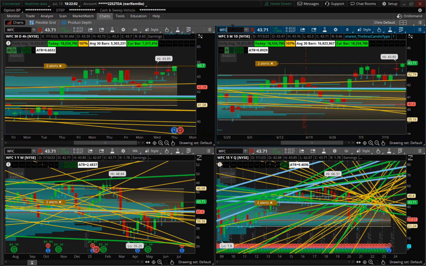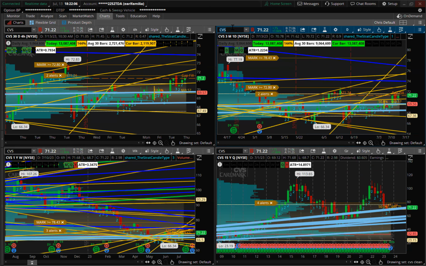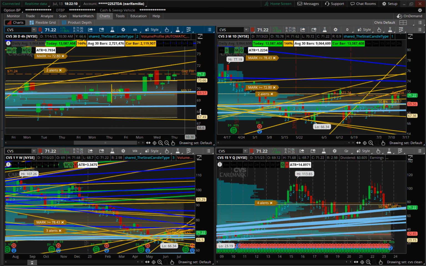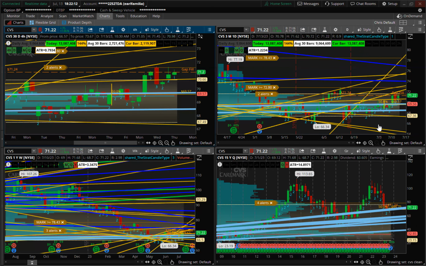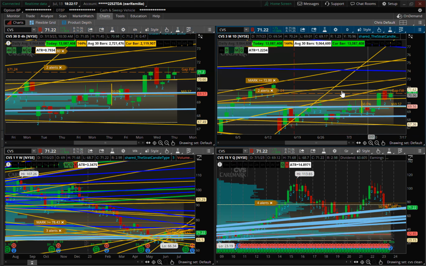And then the last one I was paying attention to is CVS. We already know we've been playing this one this week. We see the opportunities presenting themselves on the 4 hour and the day. We had the gap fill a couple of days ago. We had the retracement yesterday, and now we're moving back inside, back up.